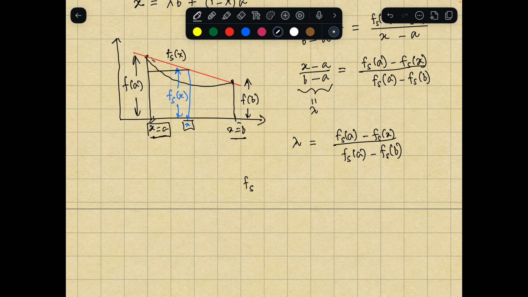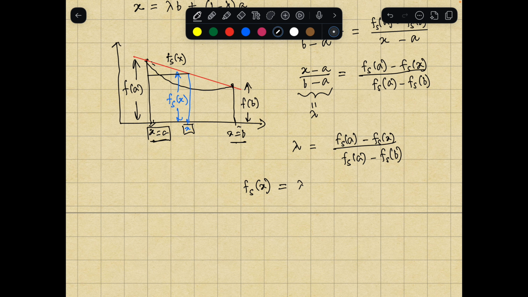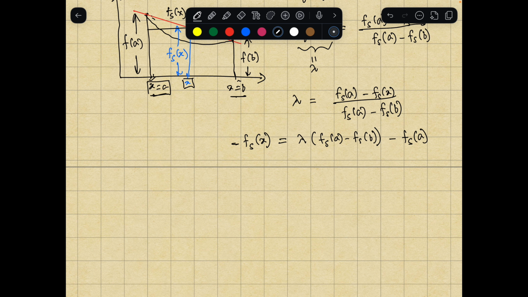So we have fs x equal to fs a minus lambda fs a plus lambda fs b.